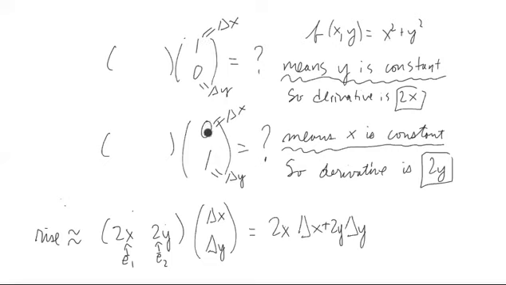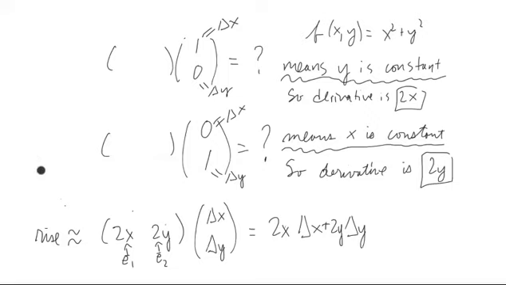And what about E2? Very similar. Change of x is not changing at all, so x is treated like a constant. Only y is changing. If change of y is simply 1, then the output, the rise, is going to be what the derivative is with respect to y.